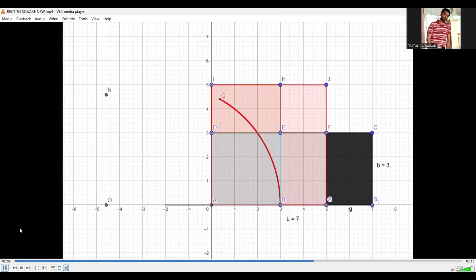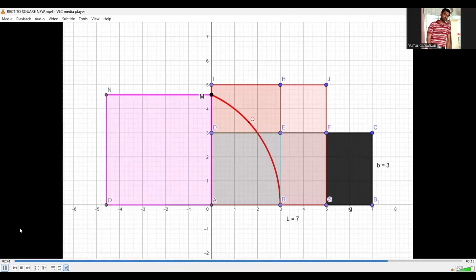This arc will intersect my bigger square at a point. That point you can see on the vertical line where I have stopped drawing the arc. That point we are going to call M. We are going to take this AM and complete a square using this AM.